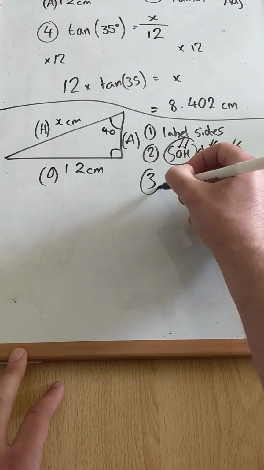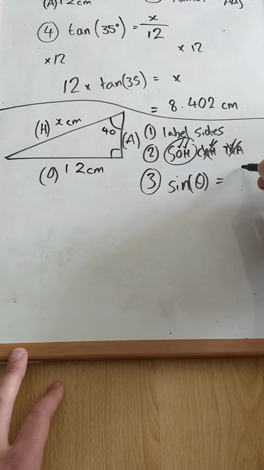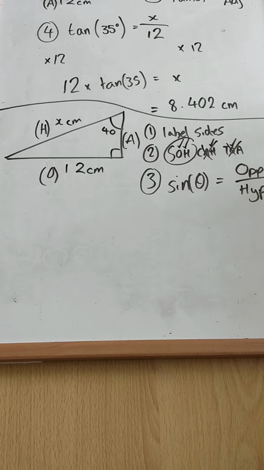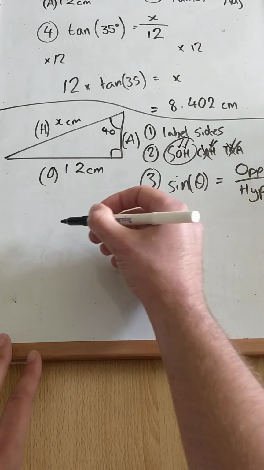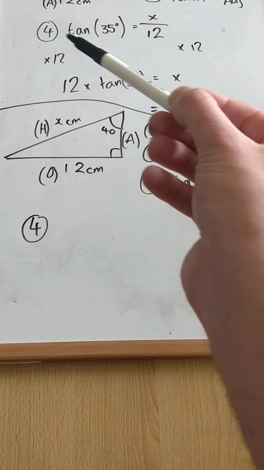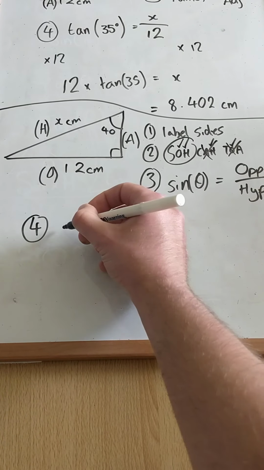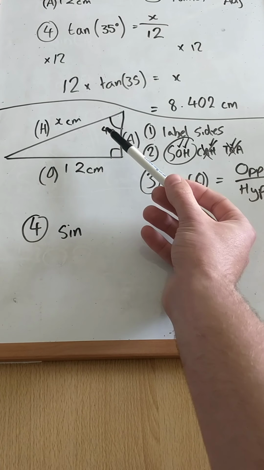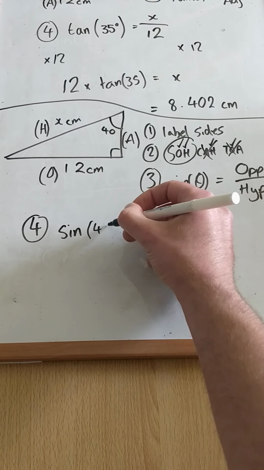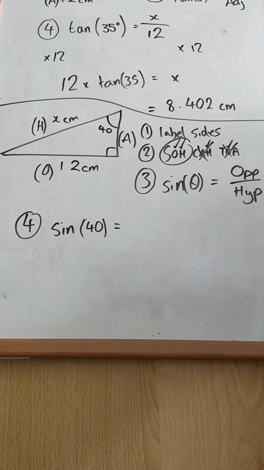So, third step, sine of my angle is equal to my opposite over my hypotenuse. Okay, now, fourth step, like before, is I put in what I knew. So sine of my angle, 40, equals opposite over hypotenuse.